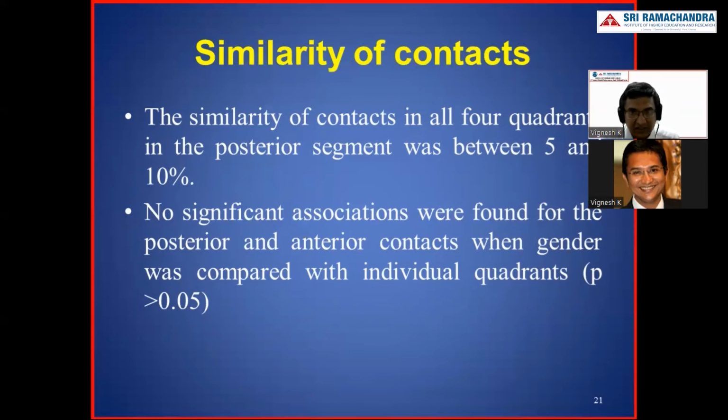Further, no significant associations were found for the posterior and anterior contacts when gender was compared with individual quadrants. In other words, there were no male or female differences in the type of contacts, and gender-wise, there was no statistical significance.